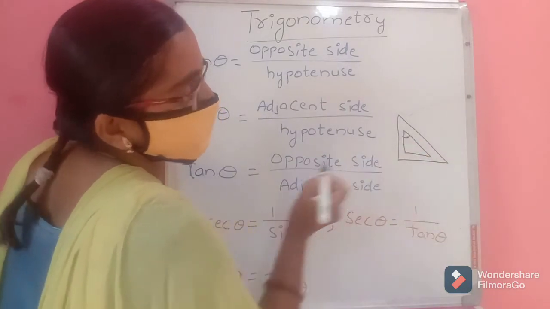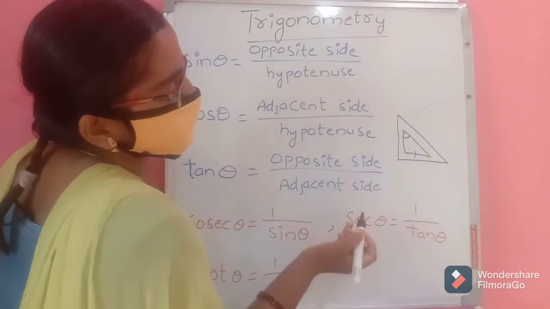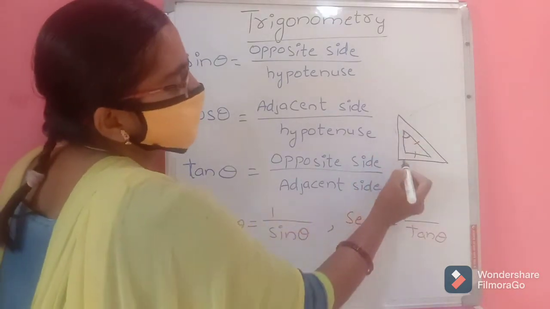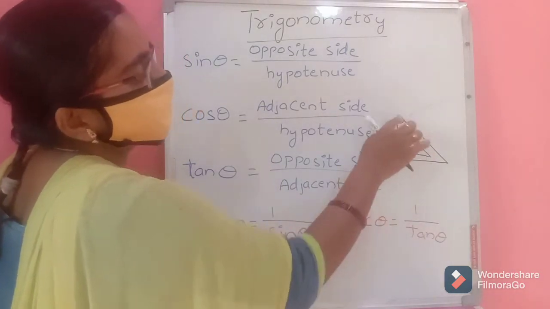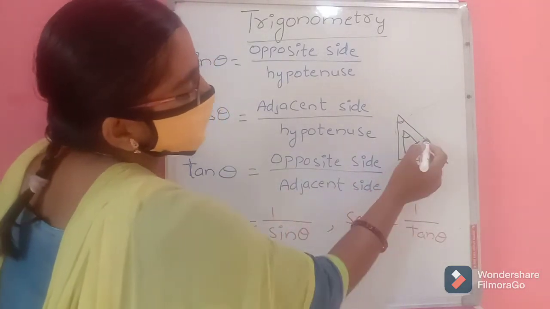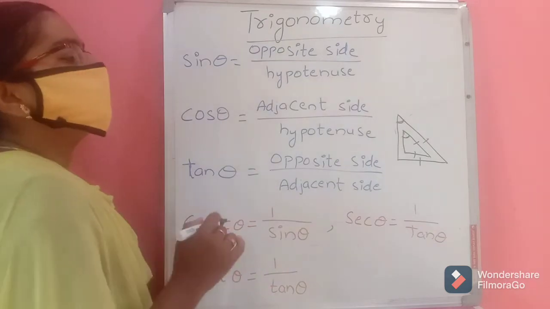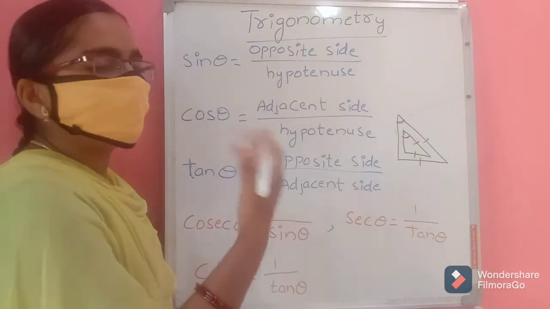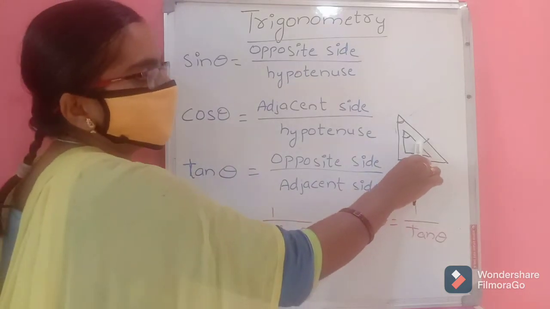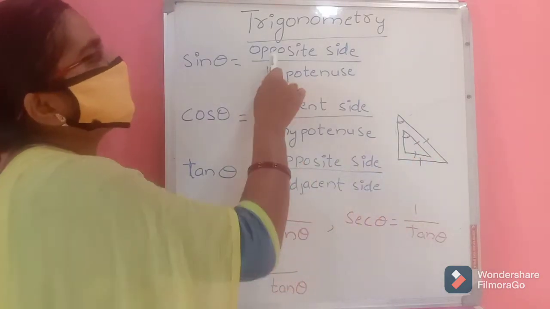If you take this as an angle, this is the opposite side and this is the hypotenuse. And if you take the same angle in another triangle, this is the opposite side and this is the hypotenuse.